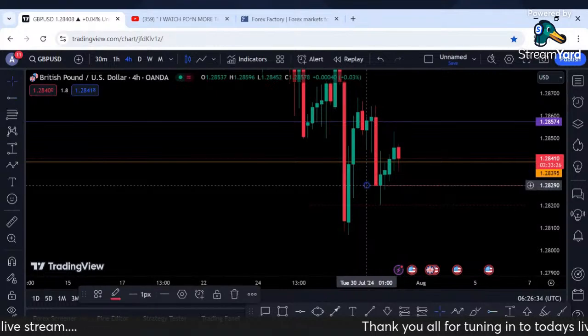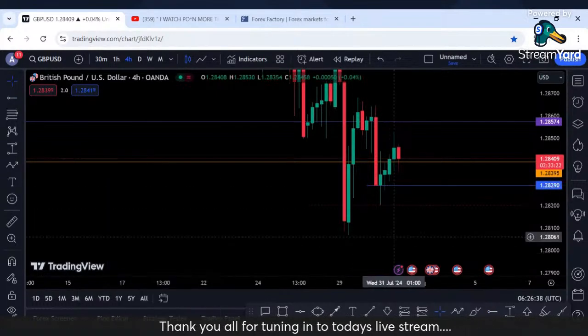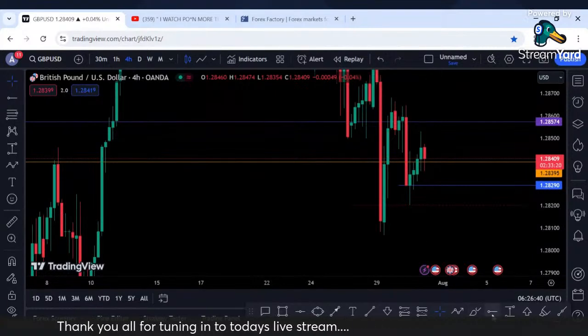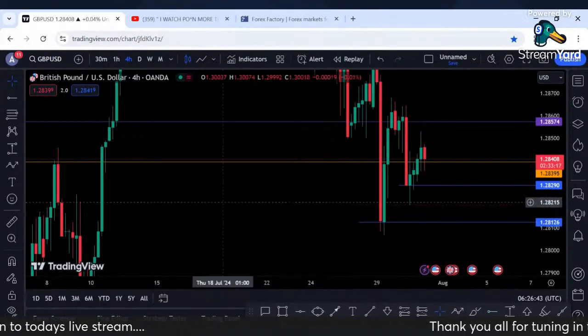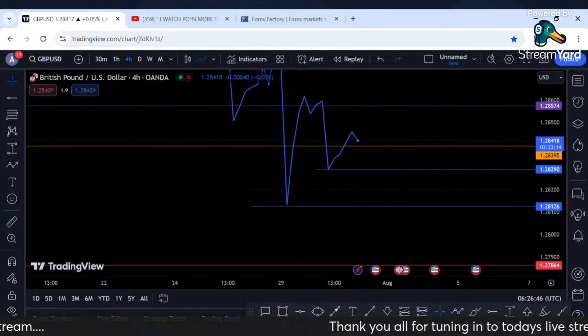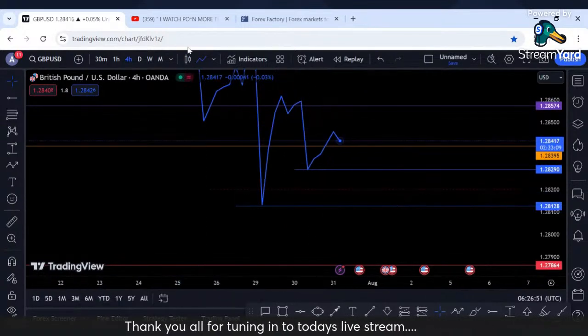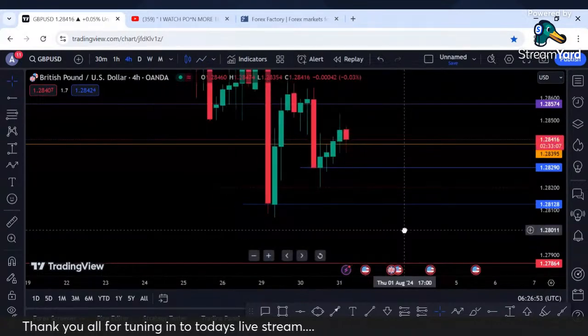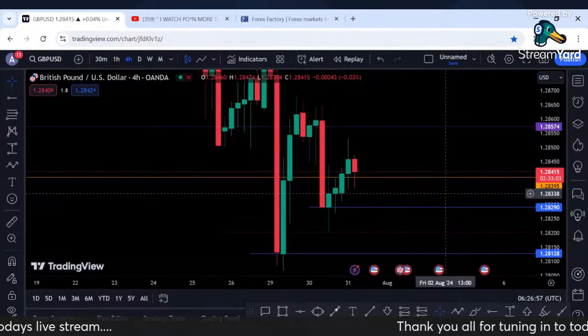So I'll identify the key areas. This is the H4. The market is not giving a clear opportunity this week. I was thinking this week would have been a good week for me, but still I'm not seeing a good opportunity during the London session.